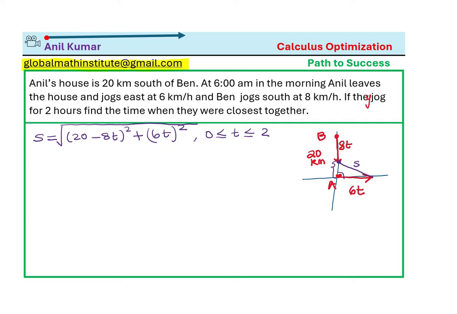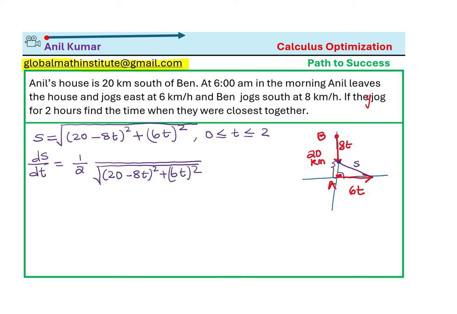To find the closest distance, we can find the derivative, critical numbers, and then check whether it is a minimum or not. So let's find the derivative with respect to t. So half of all this, which is over the square root of (20 minus 8t) whole square plus (6t) whole square, correct?